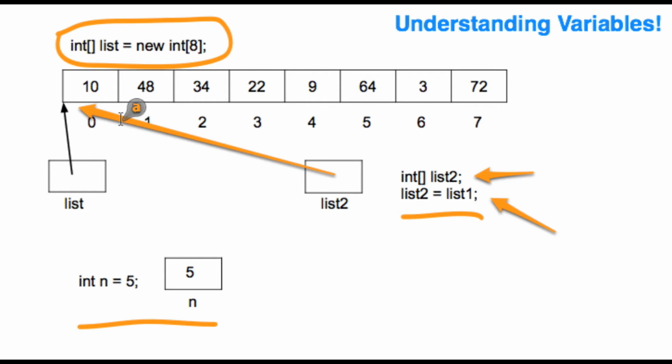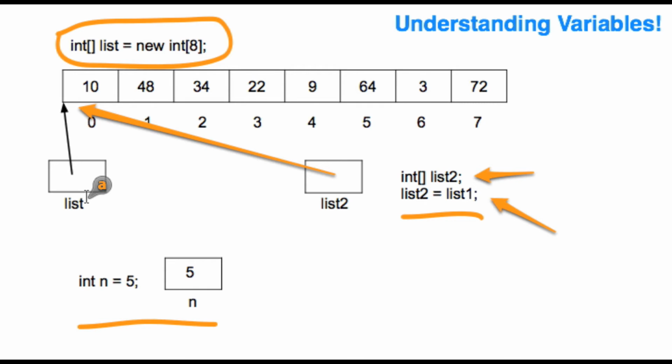And if I make any change to this chunk of memory via using list2 to refer to it, obviously, since list is referring to the same chunk of memory, the array that's shared between them, if you change it either place, it's changed for both of them, right?